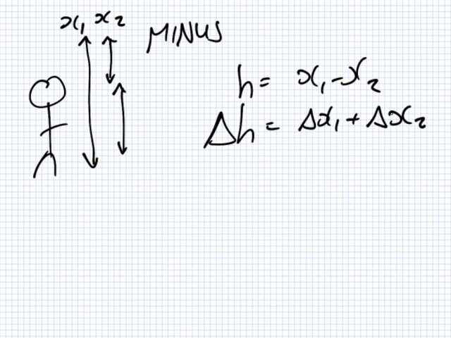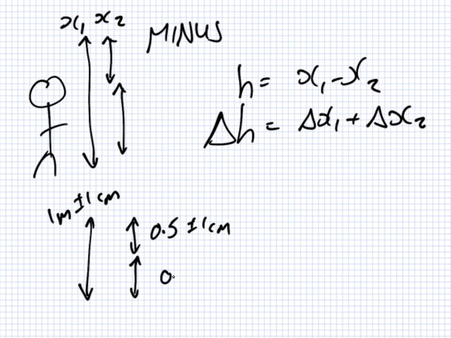You're confused? Okay. If you think about it like this, let's say I measured this as 1 meter plus or minus 1 centimeter, and this is half a meter plus or minus 1 centimeter. Then how much is this? Well, it's half a meter still.